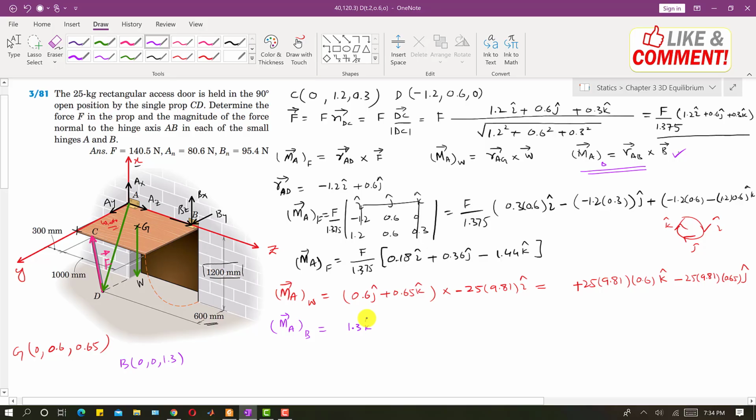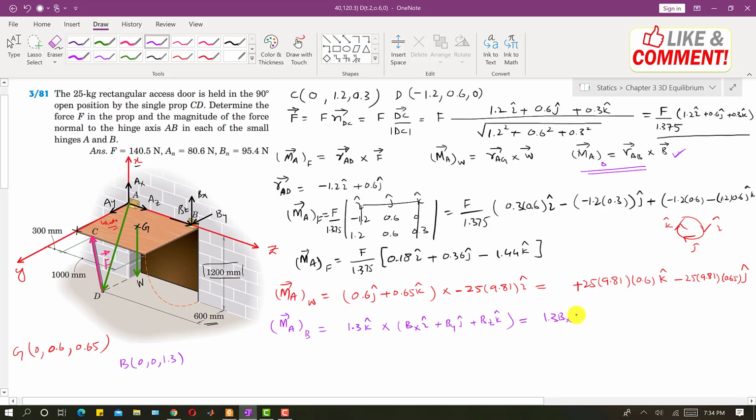So this will be minus 1.3k, and we will take the cross product with this B vector, right? We can represent that B vector like this: Bx i plus By j plus Bz k, and all the components Bx, By and Bz are unknown. So then this will be 1.3 into Bx and k cross i.